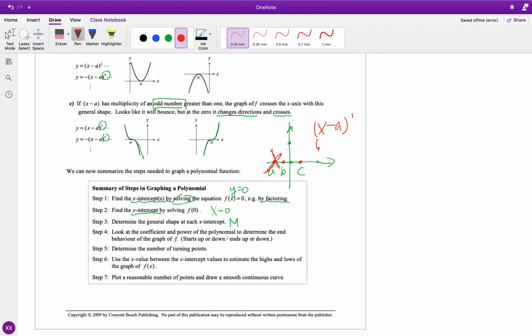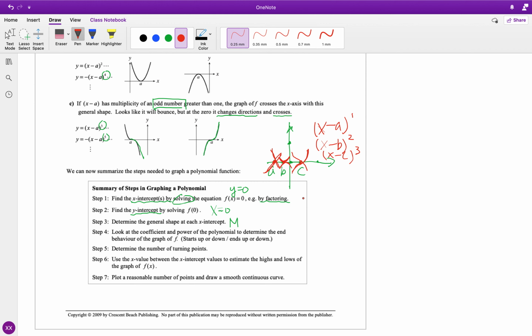Now, if we have x minus b with the power of 2 here, then the shape will be either this or this, right? Now, if we have x minus c, okay, well then we know it will either be like that or like that, right?